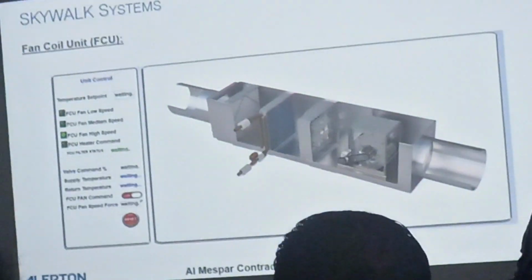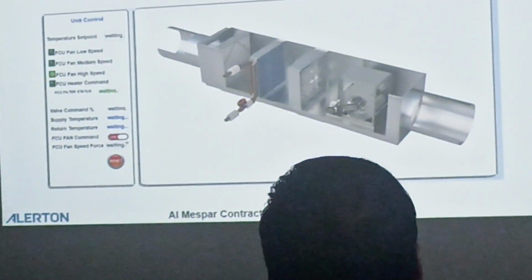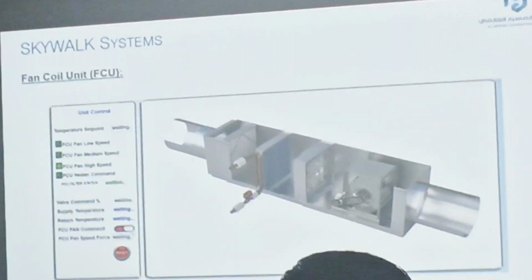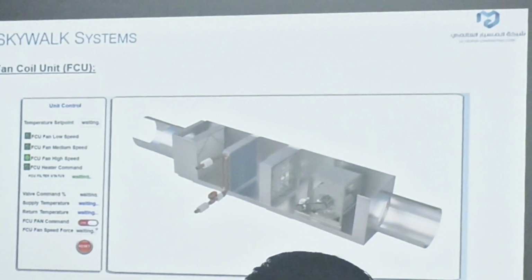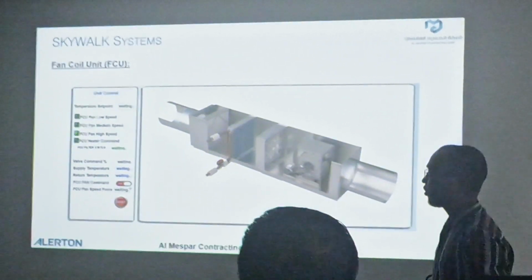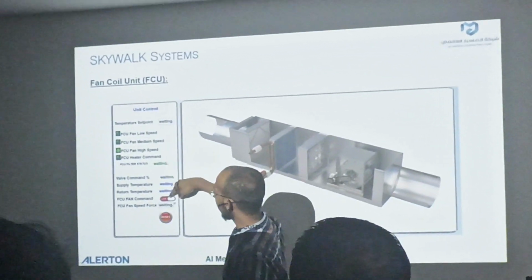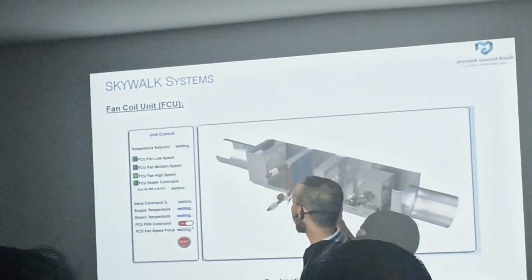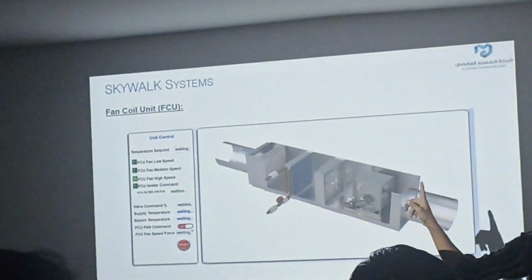For example, the return temperature is around 20 degrees, but the required temperature is 22 or 30, whatever the client requirement. So it will make a comparison between these two, make your valve actuator close and the heater gets activated.